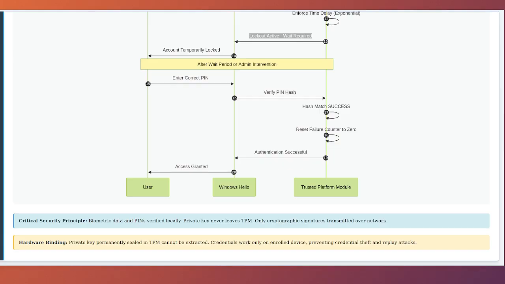IT support teams should be prepared to handle TPM lockout scenarios and have clear procedures for PIN reset and re-enrollment when necessary. By understanding the detailed interaction between TPM and Windows Hello shown in these sequence diagrams, administrators can better support users, troubleshoot issues, and appreciate the robust security architecture protecting their organization's identity infrastructure.